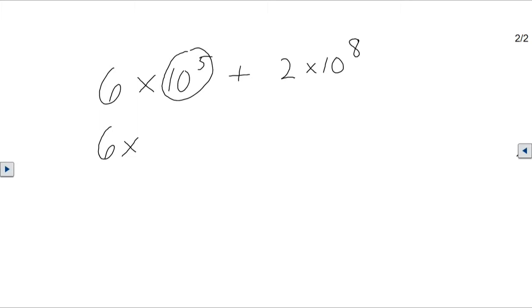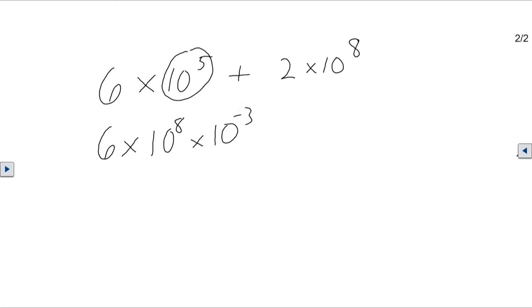So I'm going to convert this into 6 times 10 to the 8th. And if I add 5 plus 3 to get 8, that means if I have 10 to the 8th, I've got to subtract 3 from that.